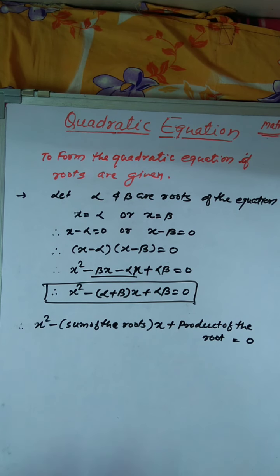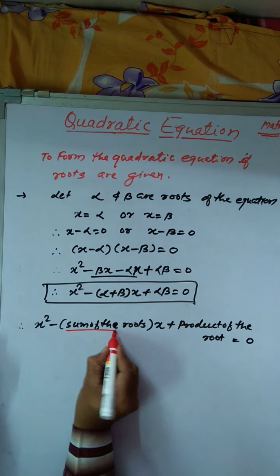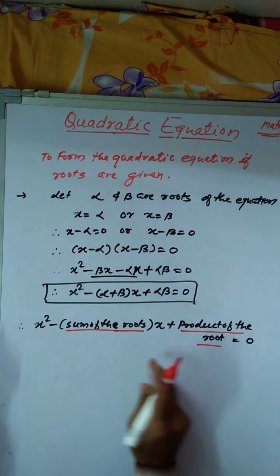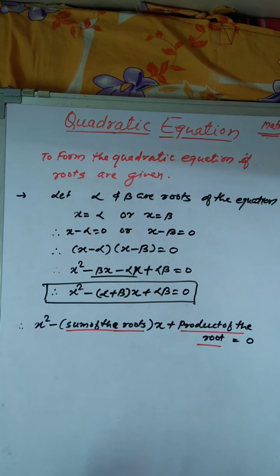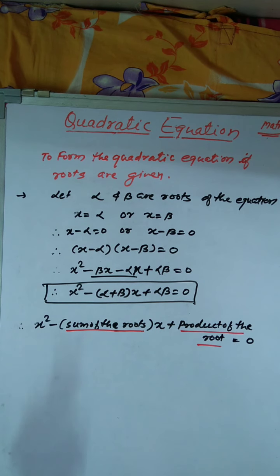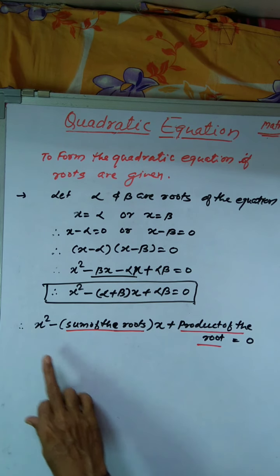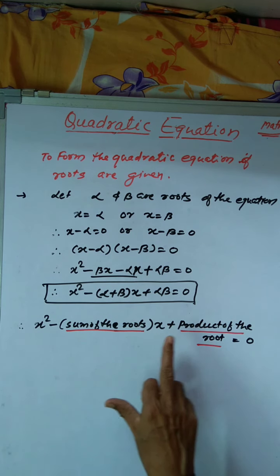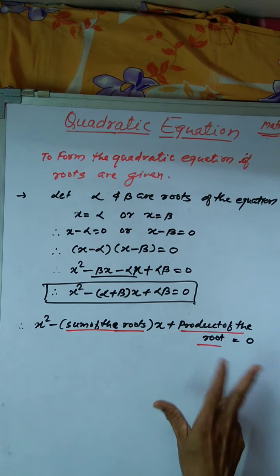This is our formula. If the roots are given, then we can find the quadratic equation. The formula is x square minus sum of the roots into x plus product of the roots is equal to 0.